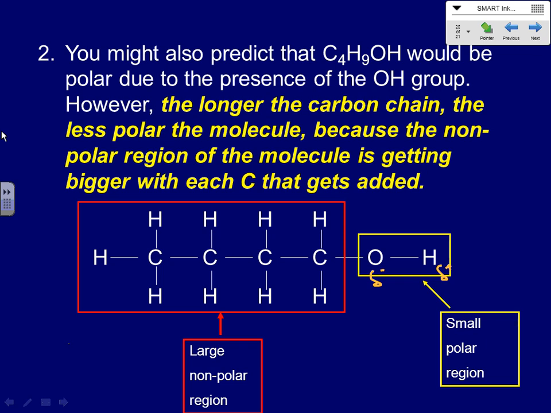Unsuccessful dissolving. It will not be able to be engulfed in the water because this end has no interest in water molecules being attracted to them, or vice versa, however we want to say it. So as your carbon group gets larger, it becomes less soluble in water and more soluble in a non-polar solvent.